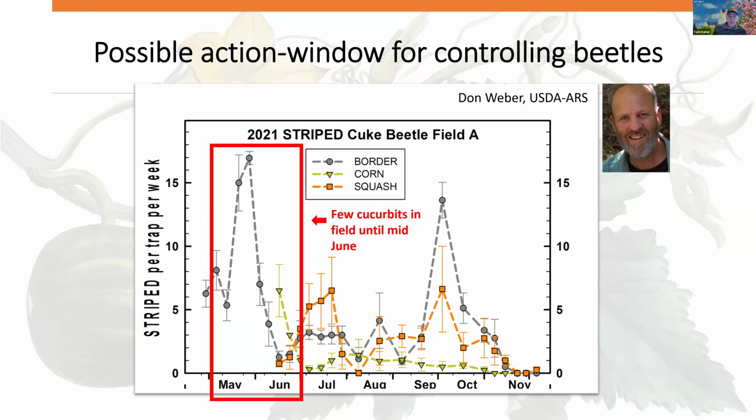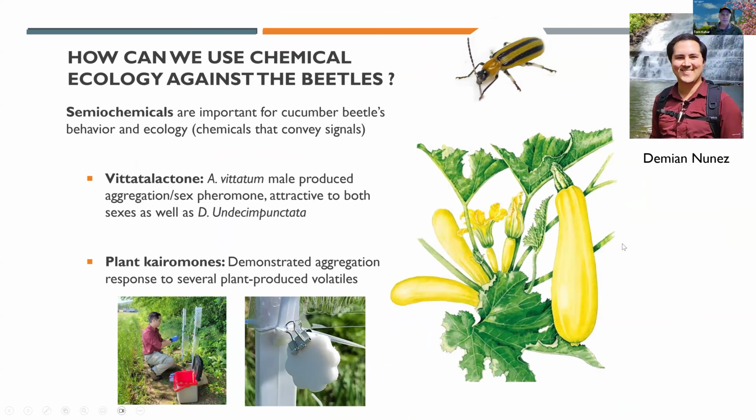So the most beetles you're going to see is before there's even cucurbits. That's your window. You got no competition. Beetles aren't going to go anywhere if you have a very attractive lure during that time. So they got nothing else to go to. So that is where we are starting to feel that we may have something here for a management tactic.